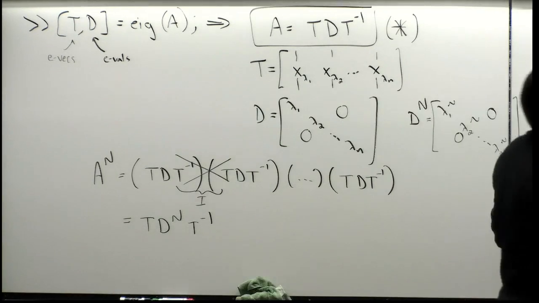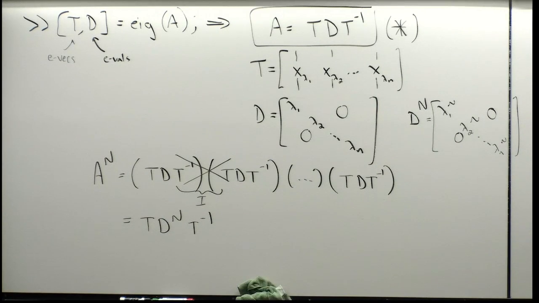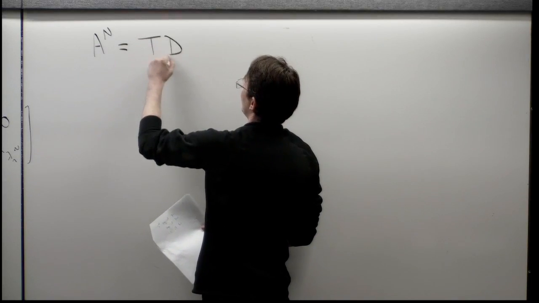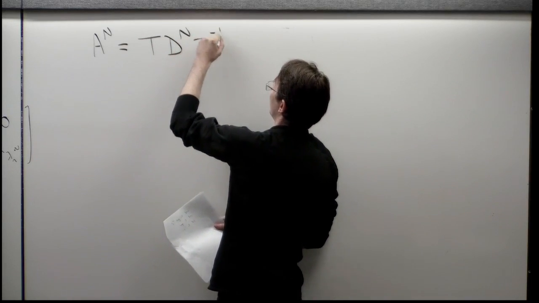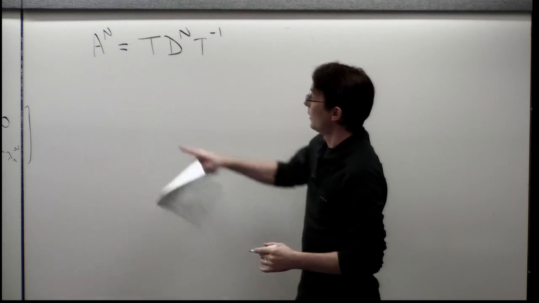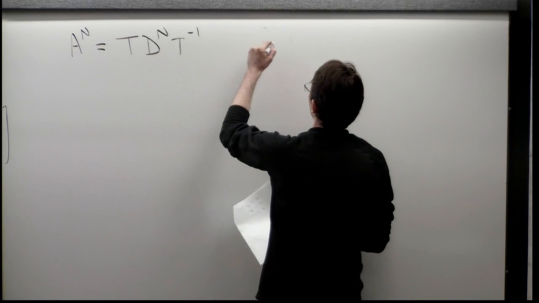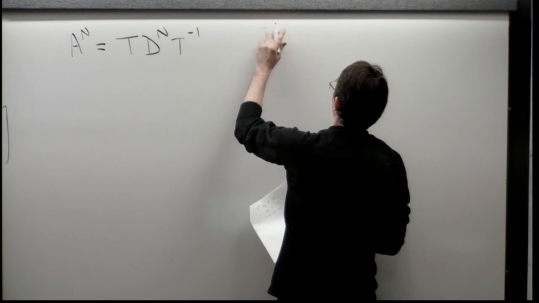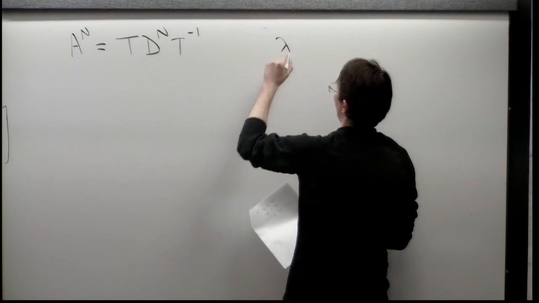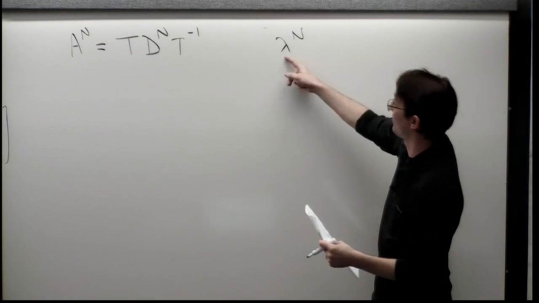Now just the last point that I think is really interesting here. Remember, A to the n equals T D to the n T inverse. This matrix is going to get very, very large. So we have these lambda to the power n's.